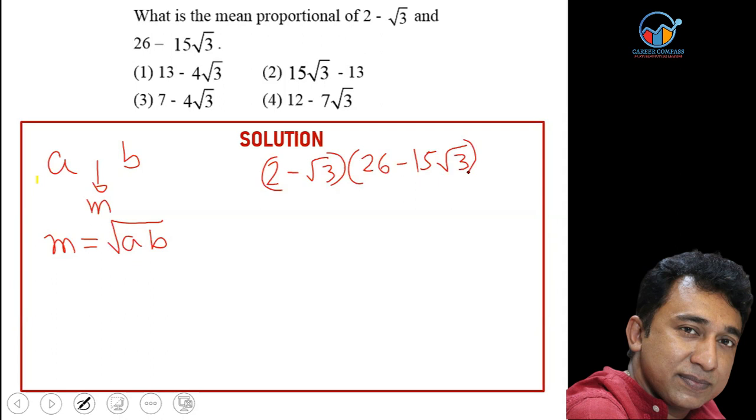So let me expand this number. So we have 52 plus 45, right? And then we have 56 root 3. So this gives me 97 minus 56.